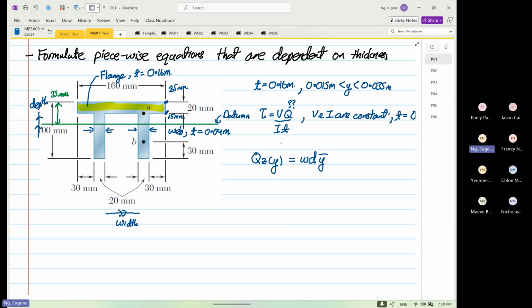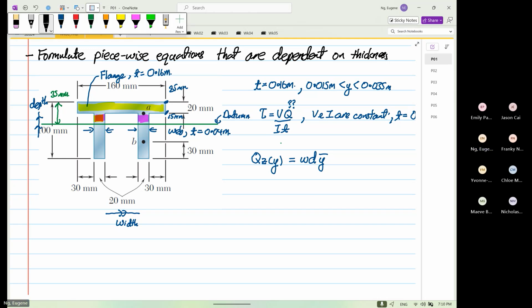The next change over here is this layer, which is equal to 0.04. Your equation is controlled by the thickness. You cannot form one equation that describes the entire cross-section area. You understand? Yes, thank you. And that is for that reason.